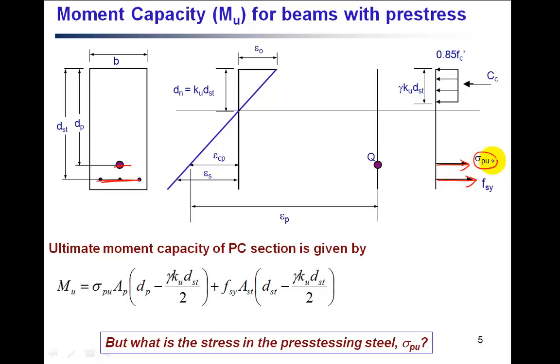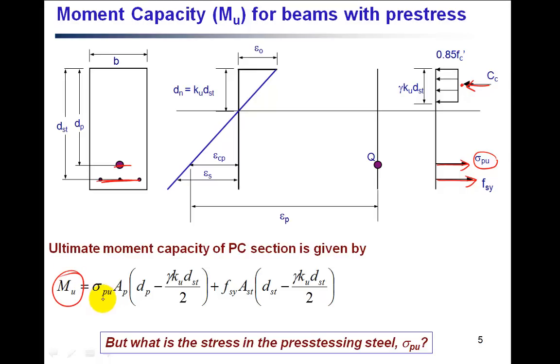We do not know if it is yielding at this moment, but we'll denote it as sigma pu. And sigma cc is the total compressive stress in the concrete block. So now taking moment about point cc, we can easily find out the ultimate moment capacity of this section.